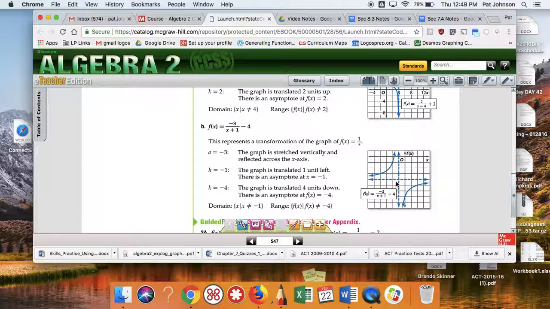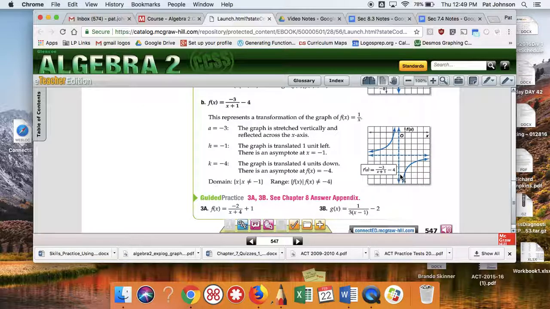When we fold it in half, this reflects over this line, so it moves up here. This one reflects over this line, so it moves down here. Now, my domain is still all real numbers except for x equal negative 1. And my range is all real numbers except for when y equals negative 4. So just like the asymptotes, that's what the domain is restricted to.